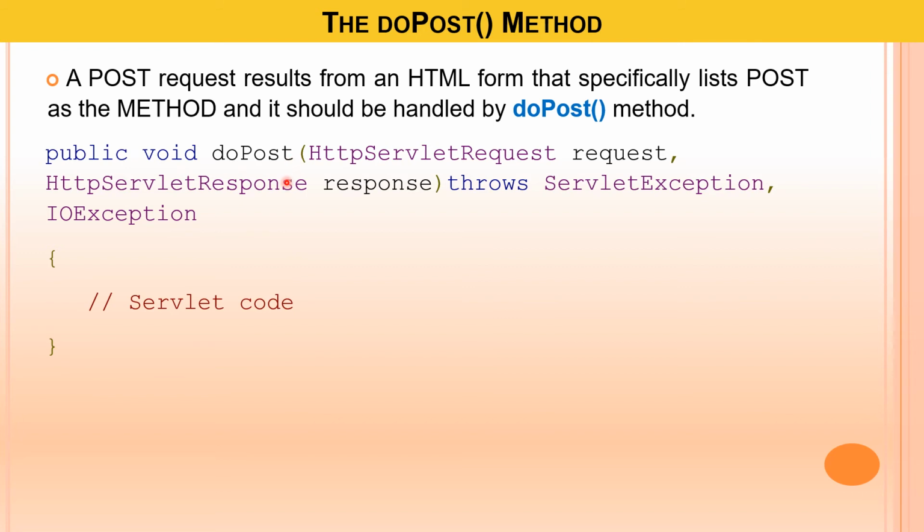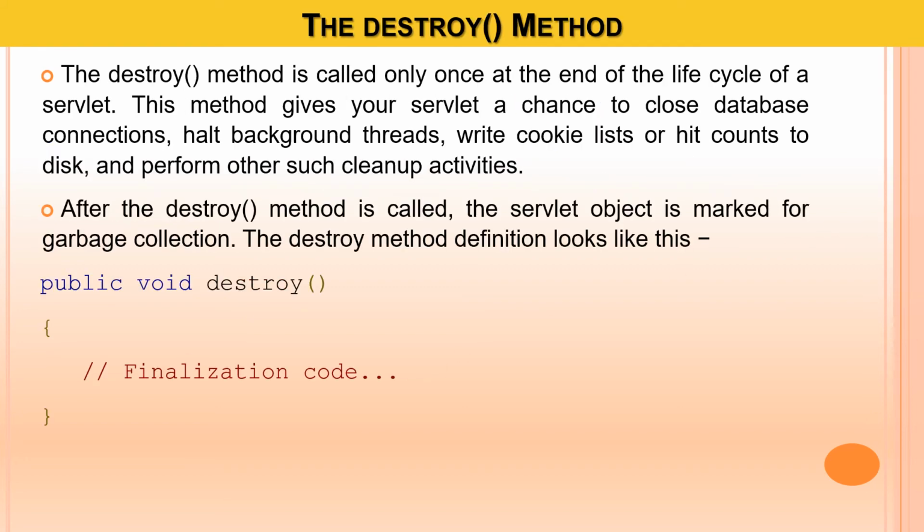The doPost method has the following syntax: public void doPost(HttpServletRequest request, HttpServletResponse response) throws ServletException, IOException, and whatever servlet code is needed will be inserted inside the curly braces. So that shows the doGet and doPost methods.